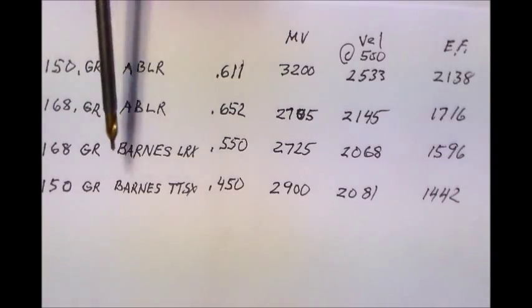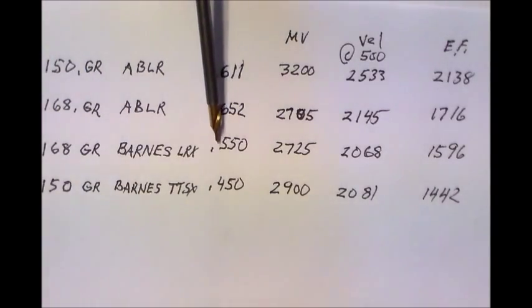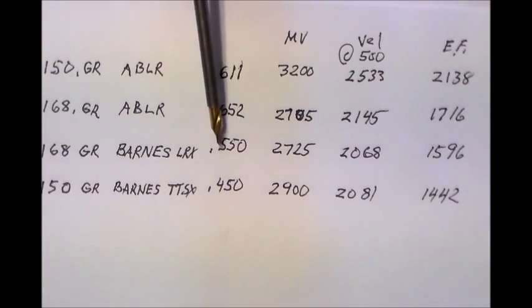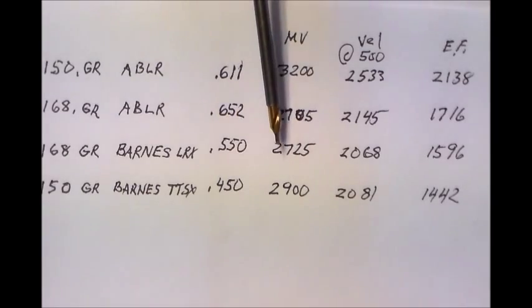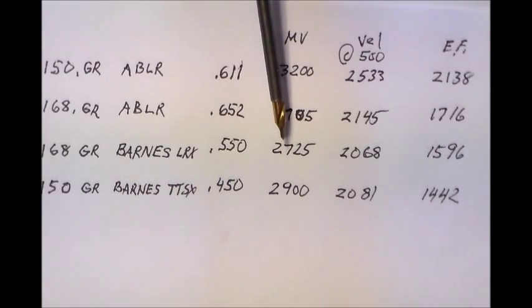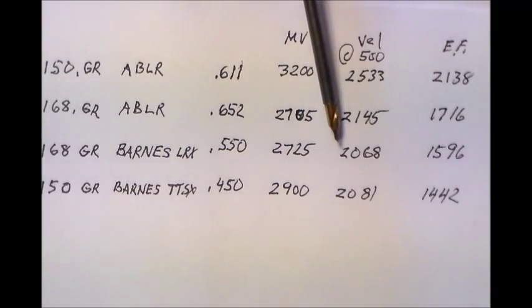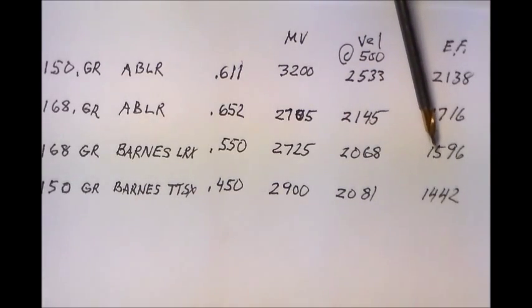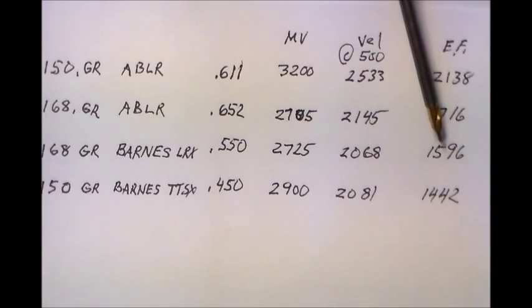Barnes, you can look at the LRX, the long-range version. Ballistic coefficient is quite considerably less at 0.550. Muzzle velocity of 2725, and the velocity at 500 yards was 2068 with an energy foot-pounds of 1596.